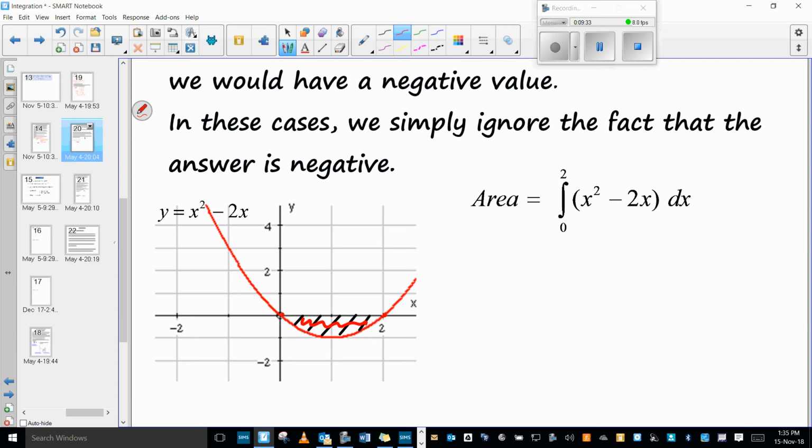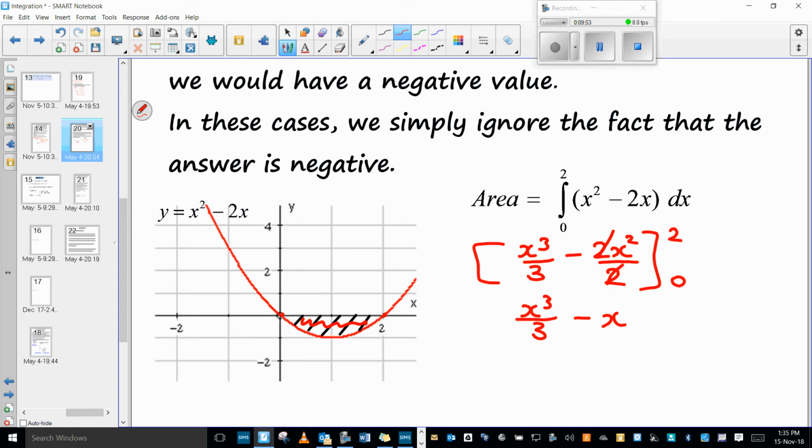Olivia, can you integrate this bad boy for me, please? X cubed over 3 minus 3x to the 2, over 2. Nice. So we've got x cubed over 3, subtract, and obviously our 2's cancel here. And then we put our values in.